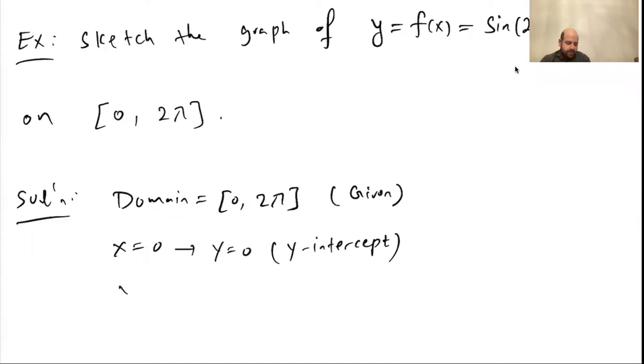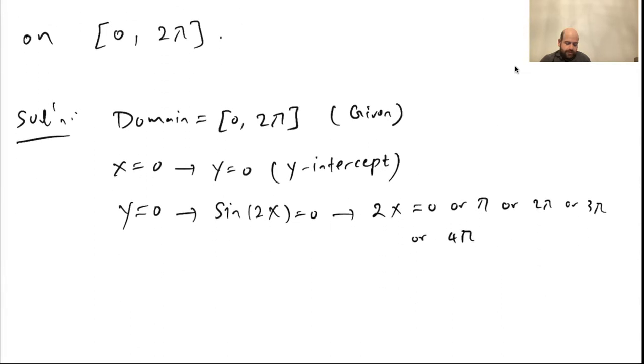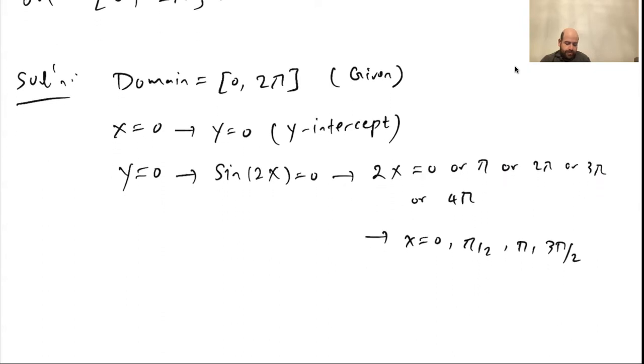So if you want to have y equals 0, then that means sine 2x has to be 0, and that means 2x can be 0 or pi or 2 pi or 3 pi or 4 pi, and therefore x will be 0 or pi over 2, pi, 3 pi over 2, and 2 pi.